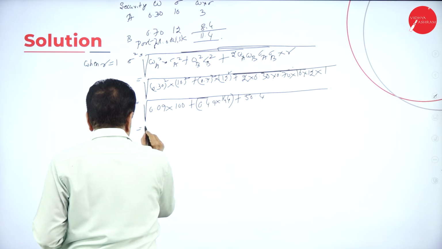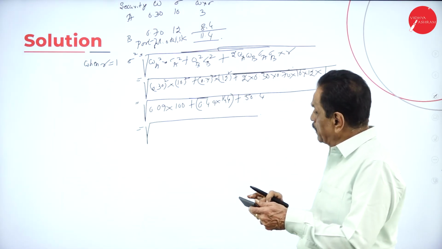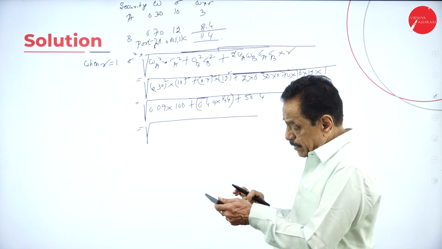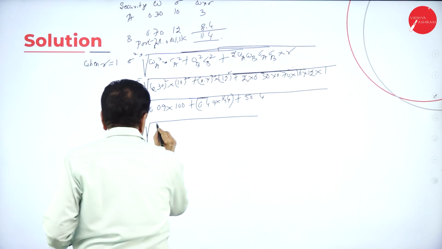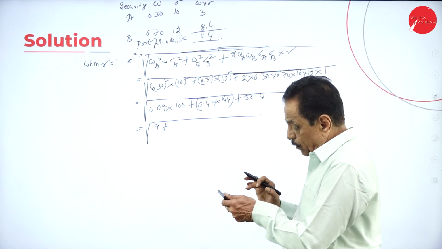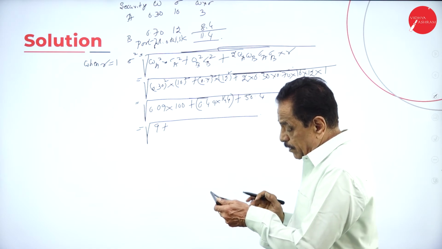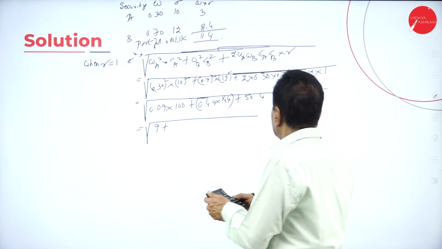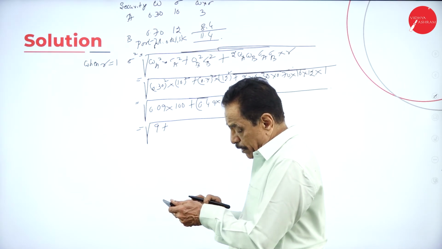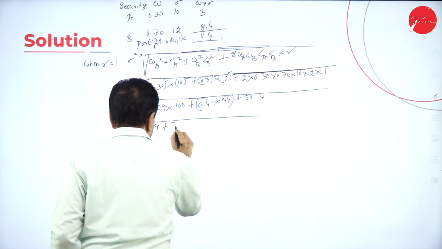This is 10, this is 100 into 0.09, this is 9. 144 into 0.49, 144 into 0.49, 70.56, plus 50.4.